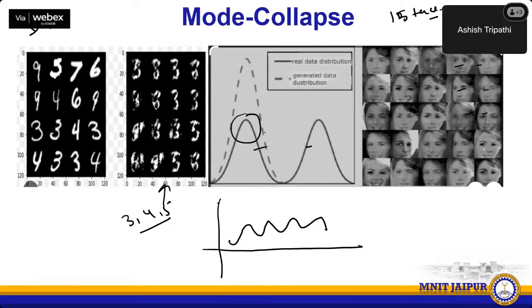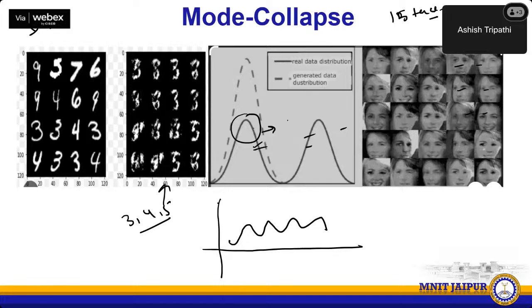Generator G has generated a data distribution like this. Multi-modal function means the actual real data distribution has multiple types of probability distribution. This probability distribution is different, this is different, this is different, because for different kinds of faces we have different probability distributions.